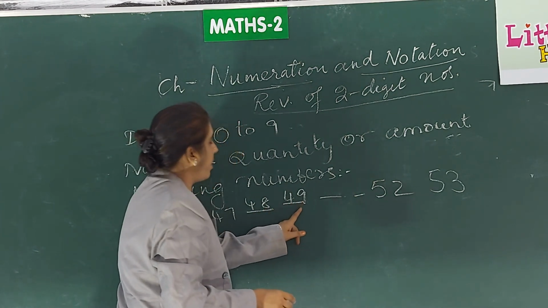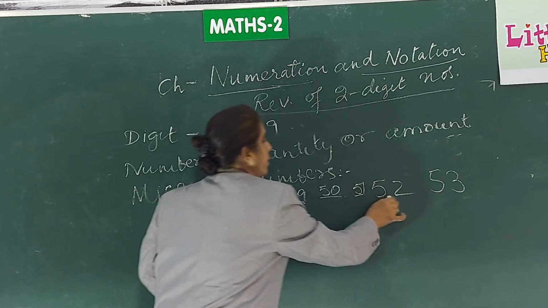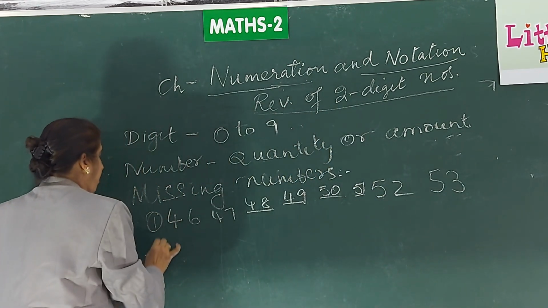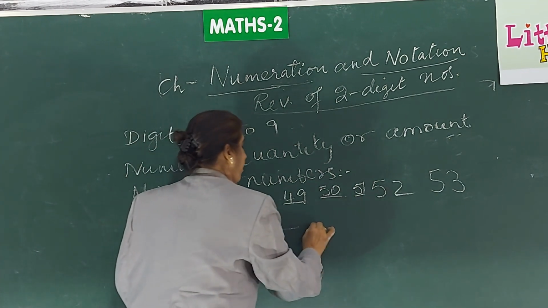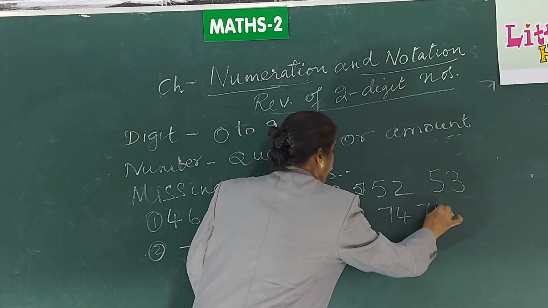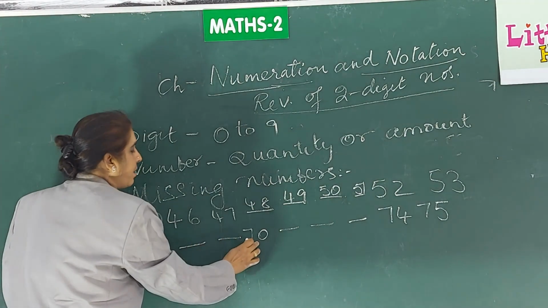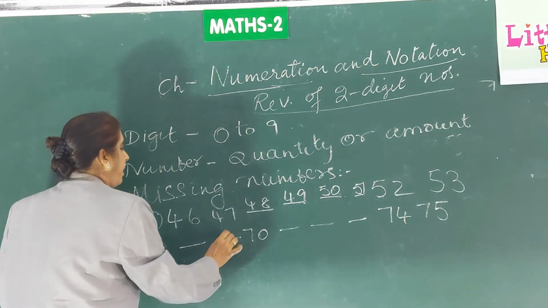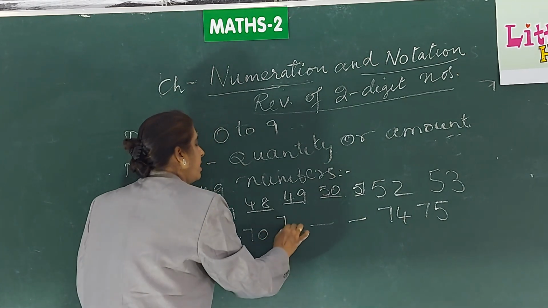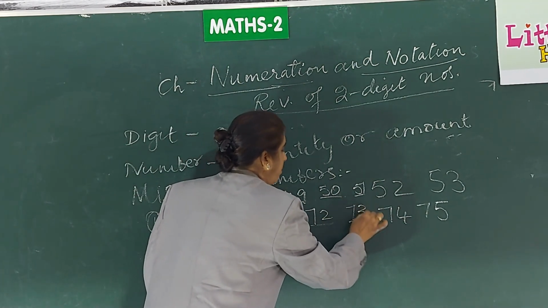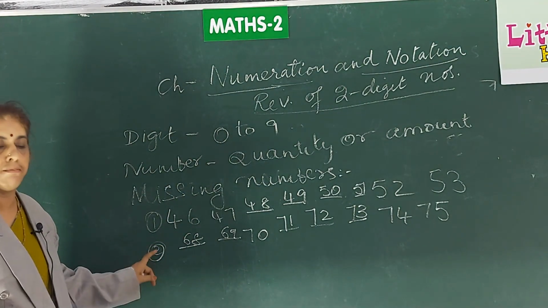When there is 9 in the ones place, the next digit changes and it becomes 50, 51, 52, 53. Complete the next series. The first two are blanks and there is 70 here. The number before 70 is 69, 68, then 70, 71, 72, 73. In this way, you can complete the missing numbers if you are thorough in the numbers 1 to 100.